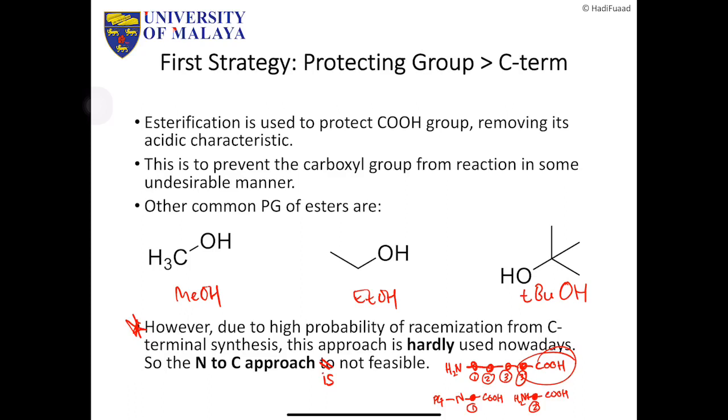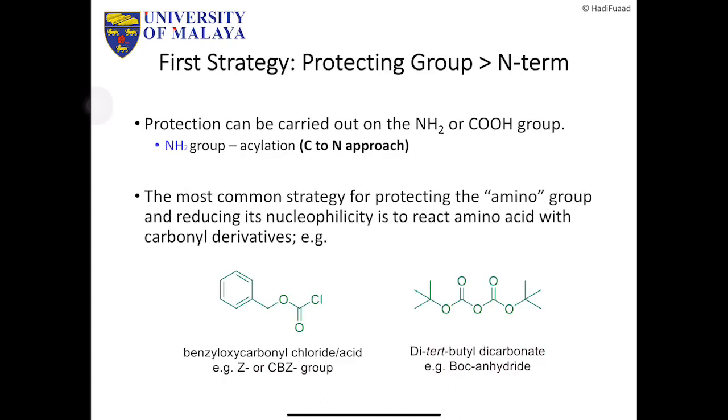So what you normally do is you synthesize from C to N. Protection can be carried out on the NH2 or COOH group, or actually you do it on both. So the first amino acid will always have a C protected functional group, with a free N. The second amino acid will have a protected amino group with a free carboxylic acid.